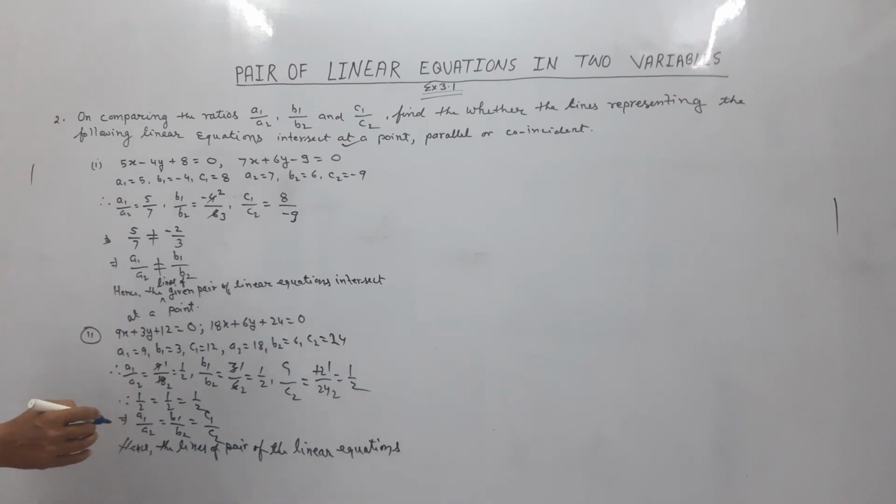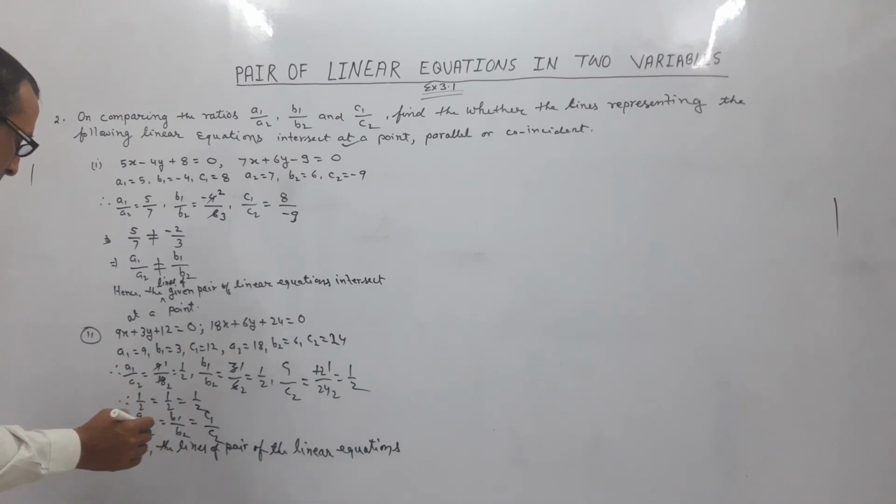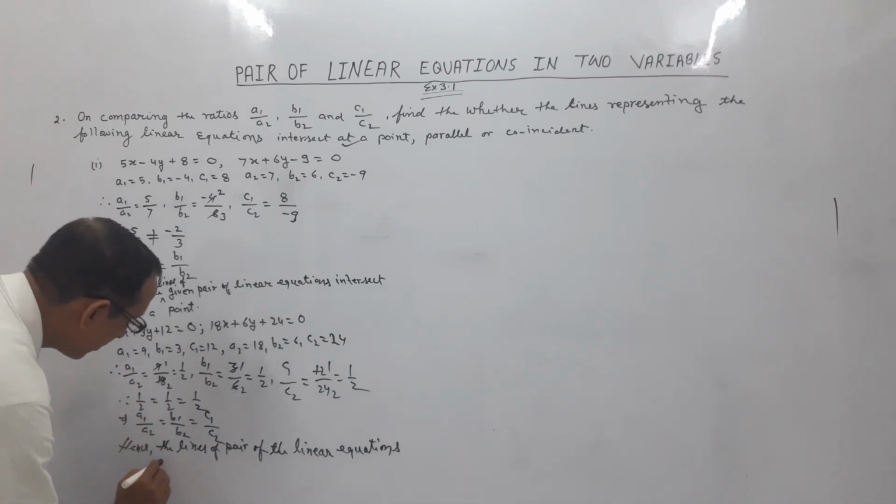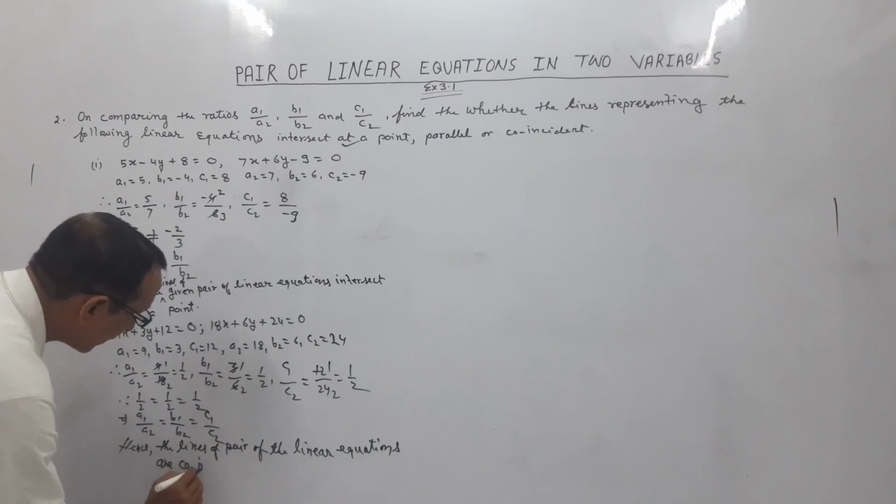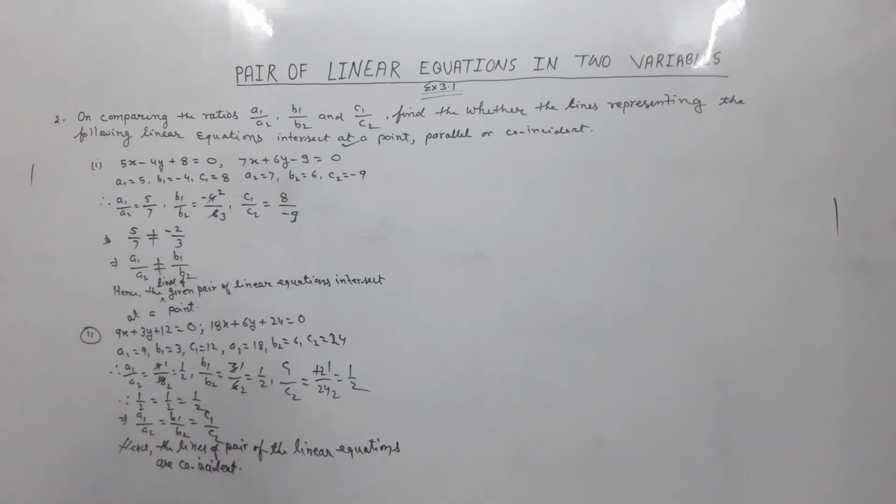So now this is the example of coincident, many solutions. So the lines of the pair of linear equations are coincident, okay. Understood? So this is about question number 2.